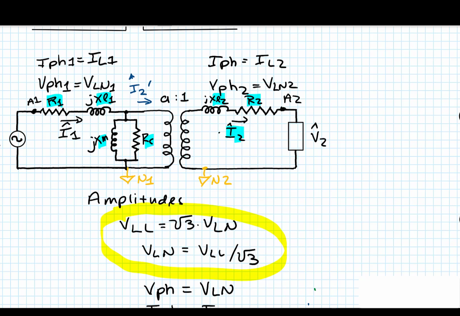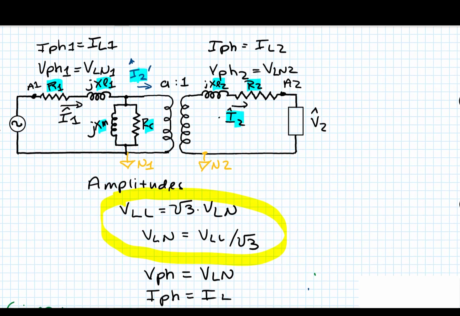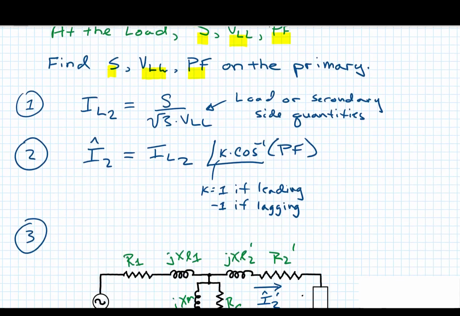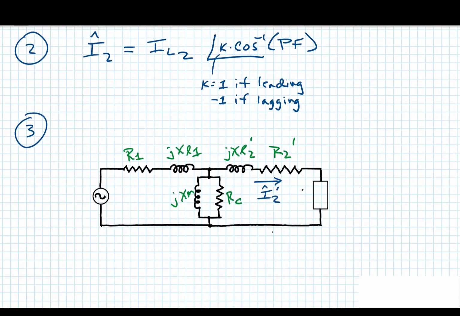Now the only way I can do that, I'm talking about this current right here, is to have this line to neutral configuration, which I don't have to do anything special because I already have it in that form.